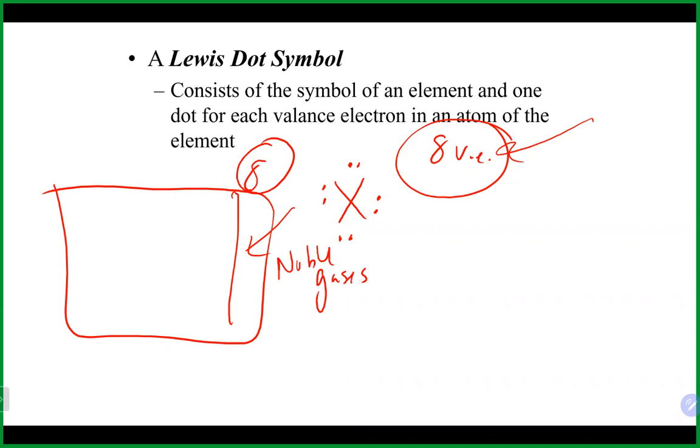They're chemically inert. So really the whole purpose of any type of bonding, ionic or covalent, that we'll talk about, is for everybody to end up with the same electron configuration as the noble gases. So they want to end up with the same number of electrons. It makes everything really, really stable.